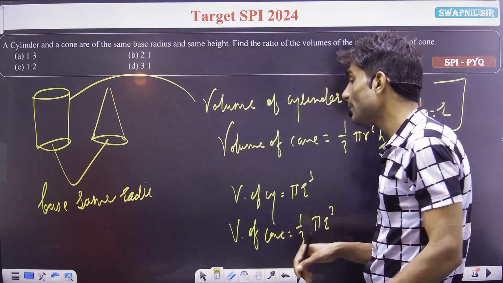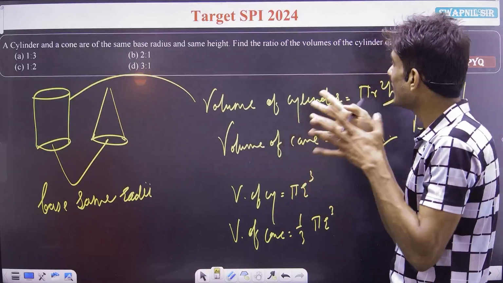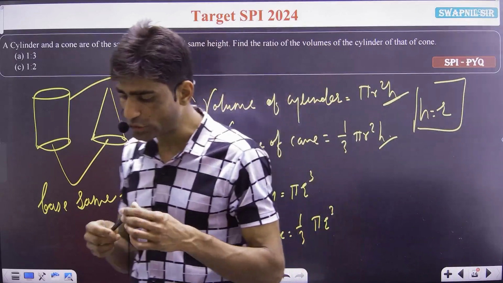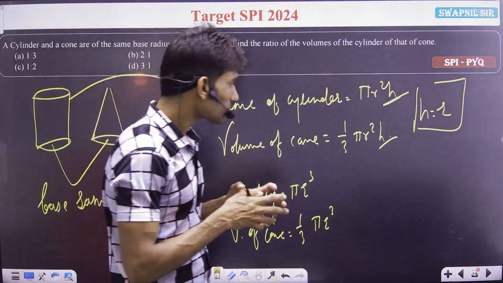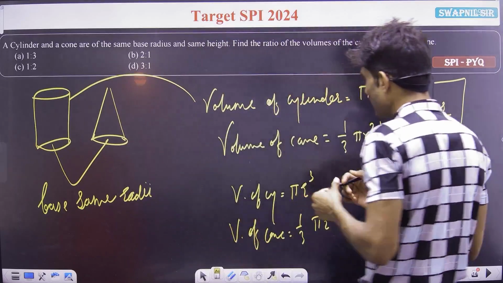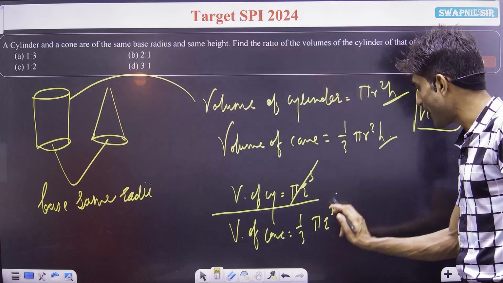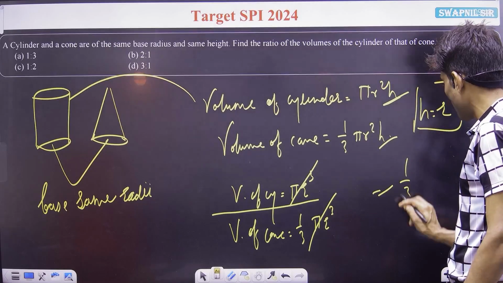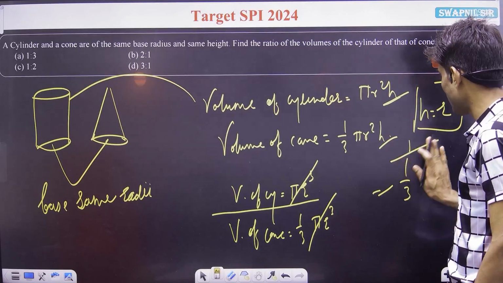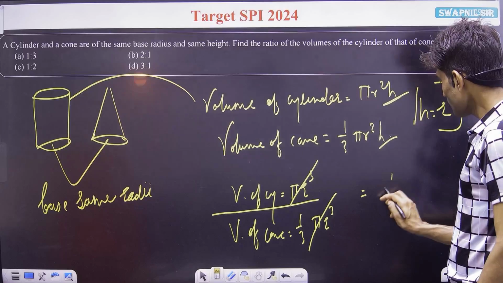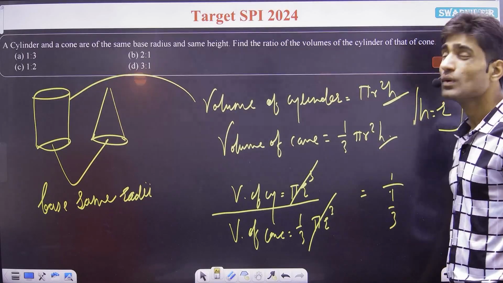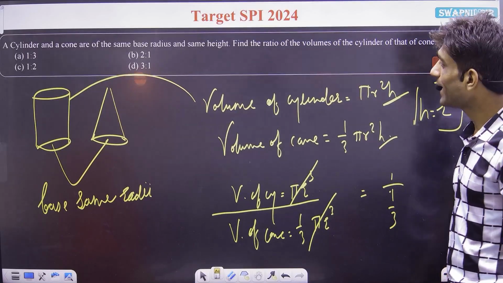What we want is the ratio between both of them, so we divide them. Pi r cube cancels, and we write 1 divided by 1 by 3.